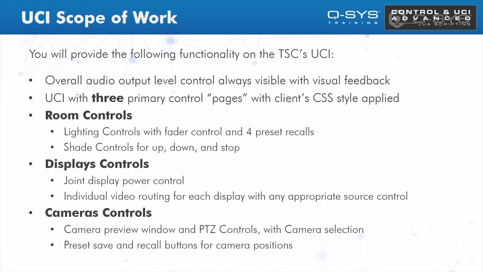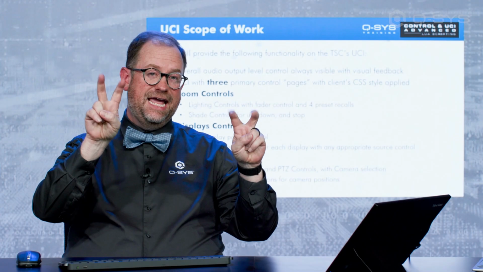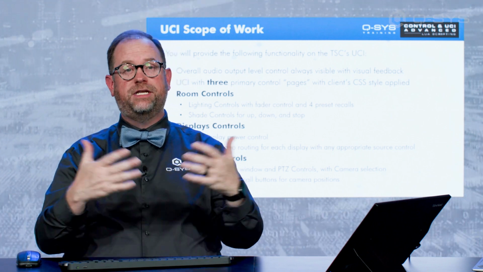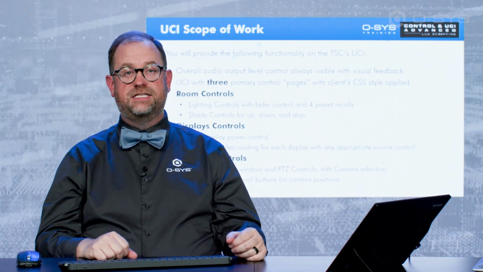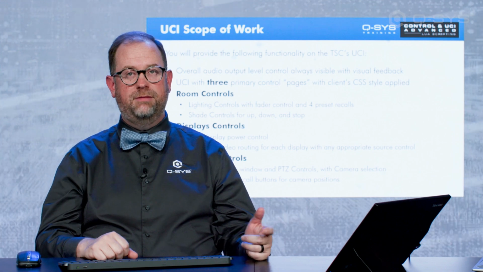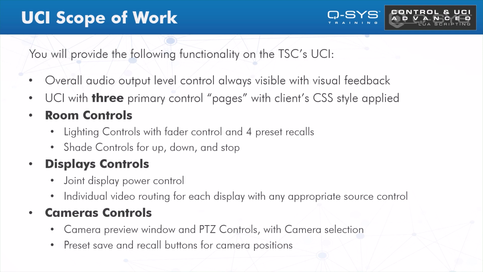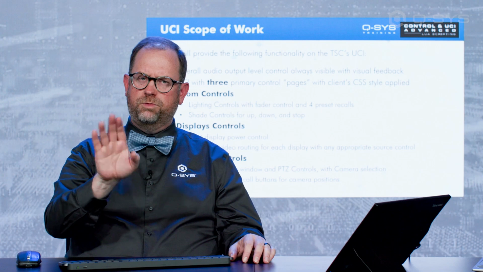Additionally, we are going to have another page called display controls where we're going to have joint control of the displays' power. We're going to be able to have one button that turns on both TVs. Additionally, we want to have individual video routing for each display, and we'll probably figure out some appropriate automations to go along with that, but we'll get there.